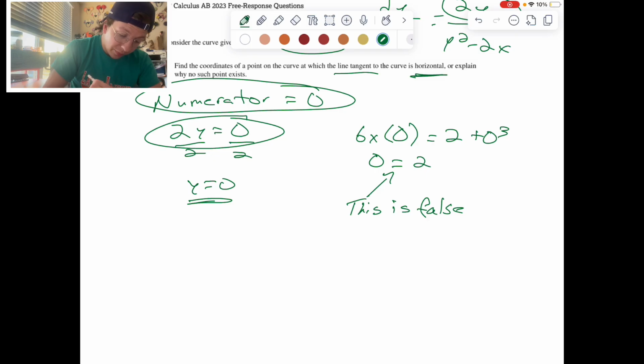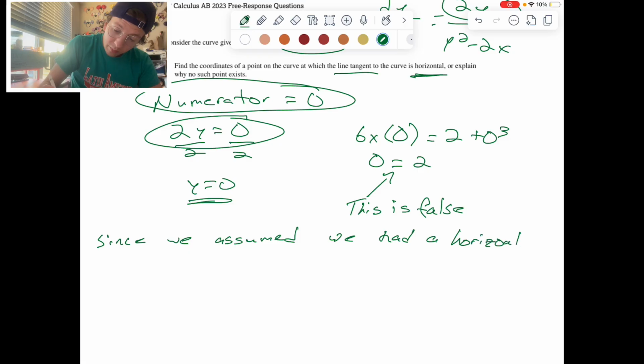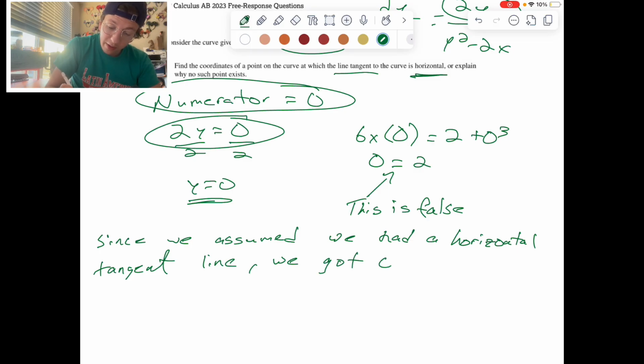So our reasoning would be, since when we assumed we had a horizontal tangent line, we got 0 is equal to 2, which is false.